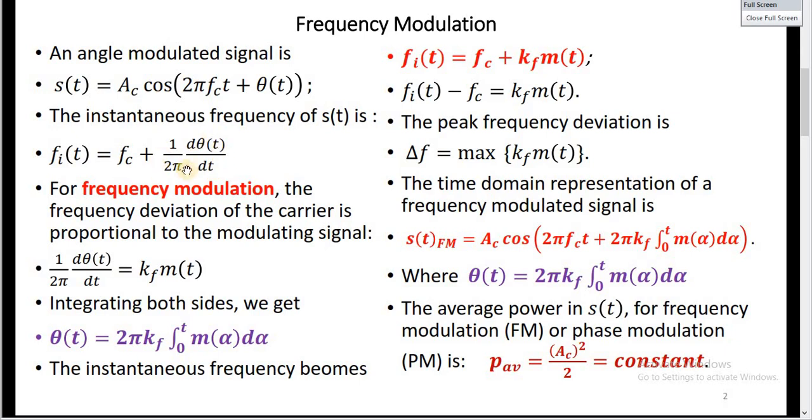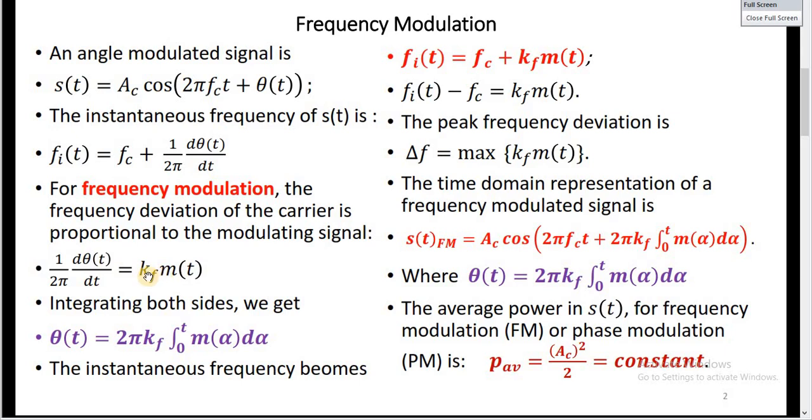This quantity is called the frequency deviation. So for an FM signal, this quantity is made proportional to the message signal. So we have 1 over 2 pi d theta by dt equal K sub f times m of t.